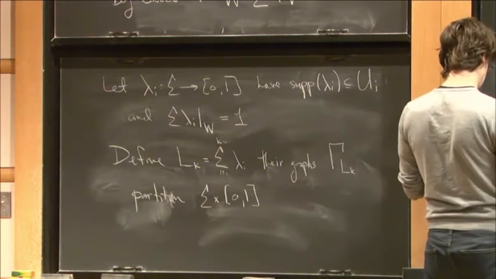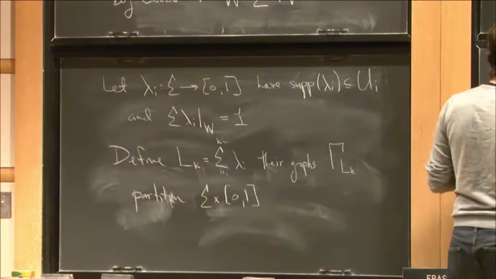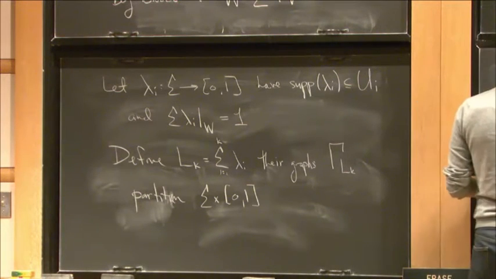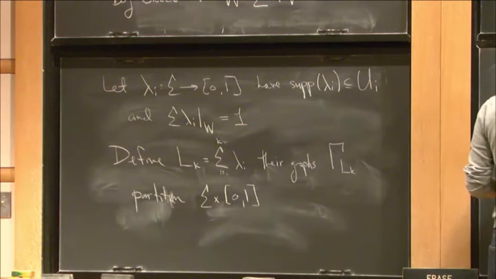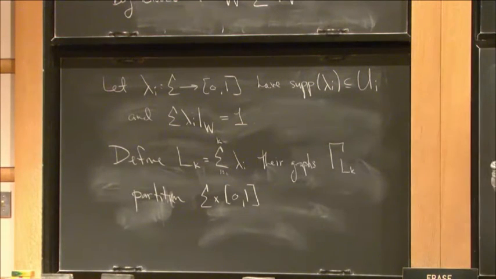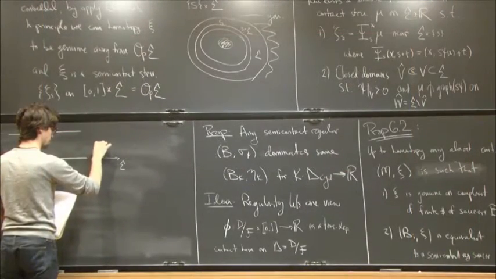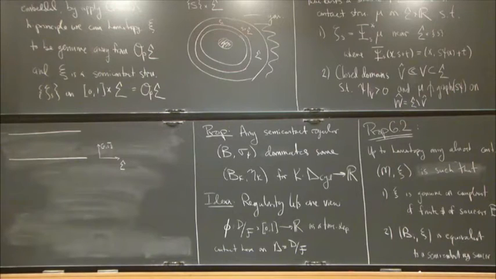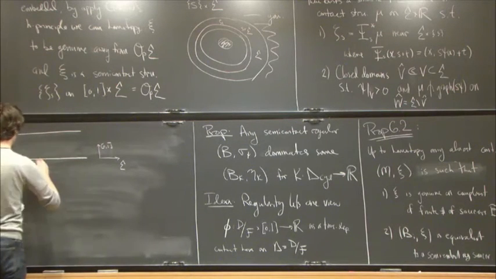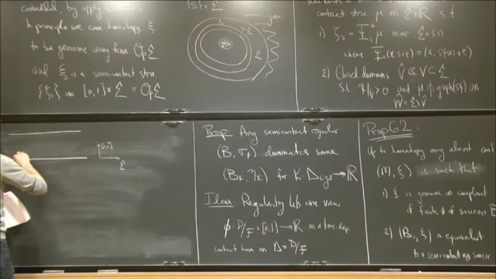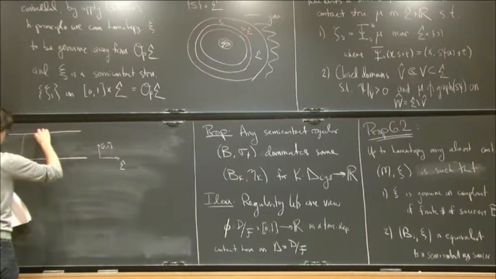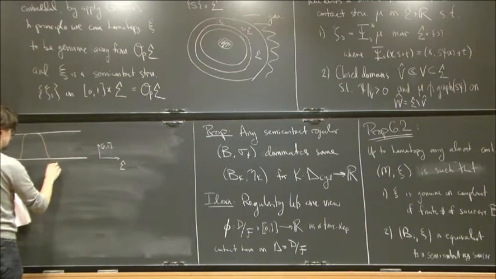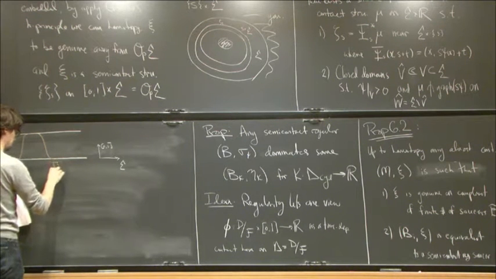So pictorially, you have something like this. Here is sigma cross interval. Here's the graph of L1, this is gamma L1.